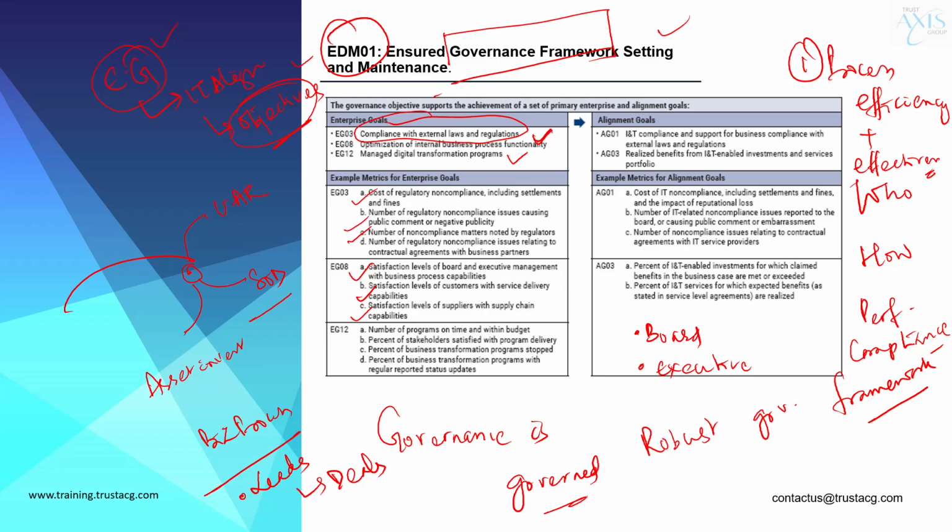And the third one is around managed digital transformation programs, right? Now, this particular goal focuses on ensuring that digital initiatives within an enterprise, be it, say, for an example, cloud only as an initiative strategy, or as a goal that an enterprise is curating, or centralization of IT operations can be a digital initiative, or using a standard product architecture and application suite across the enterprise can be a digital initiative, right?